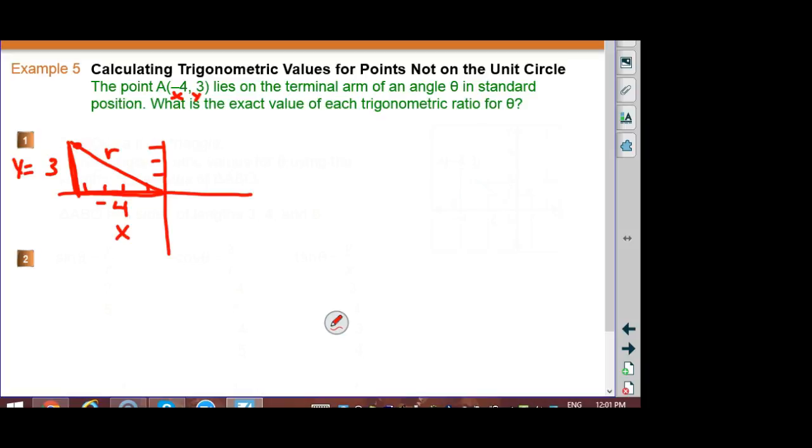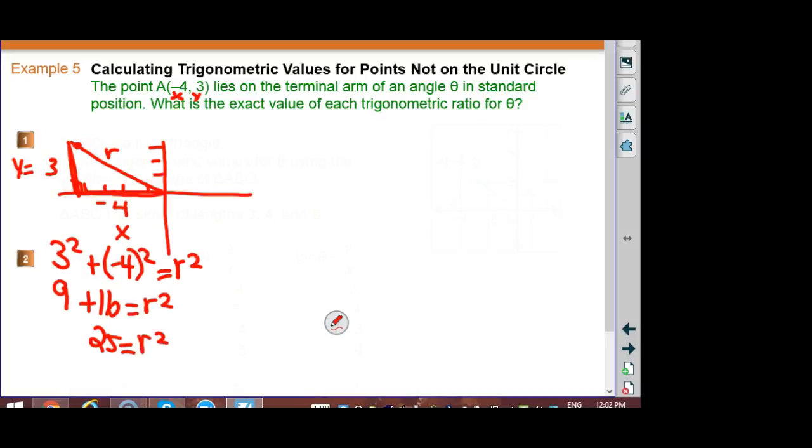Does anybody remember how we always found out what the r was? This is a right triangle. Yeah, Pythagorean theorem. So 3 squared plus minus 4 squared is equal to r squared. 9 plus 16 is equal to r squared. When I add those together, I get 25 is equal to r squared.